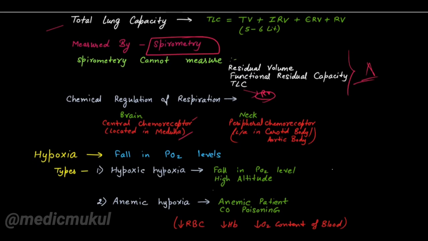If we talk about the neck, the peripheral chemoreceptor is located in the carotid body and the aortic body. For you, that is important. This one is not important. So remember only the brain: the central chemoreceptor is located in the medulla, and also the pons. The medulla and the pons are both the respiratory regulatory centers.